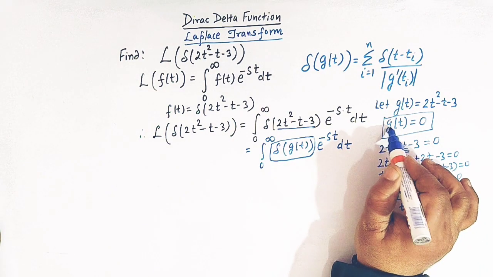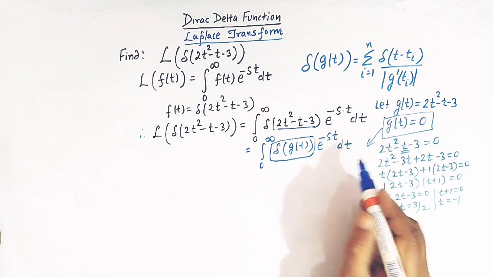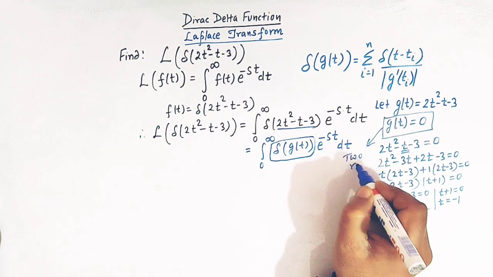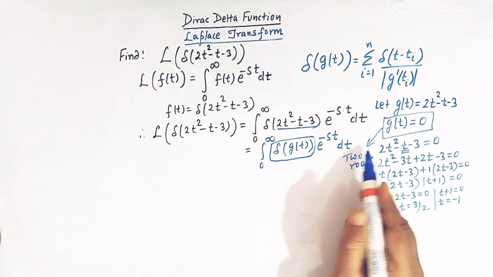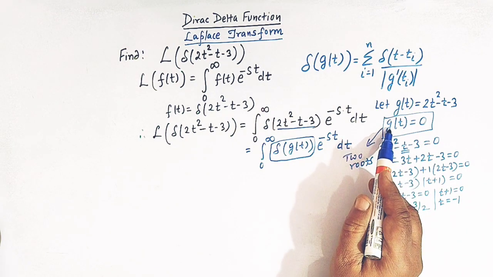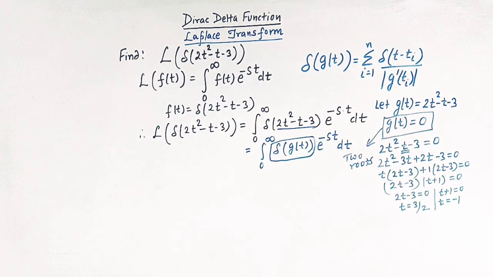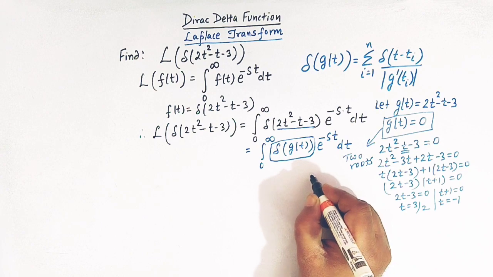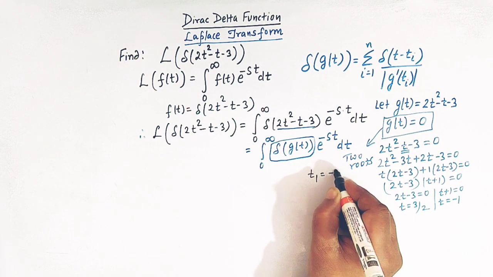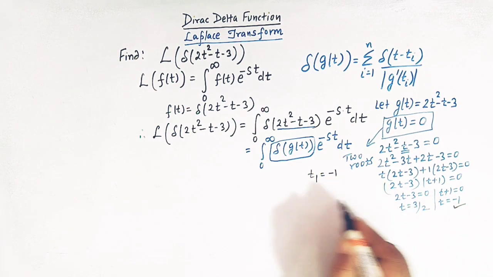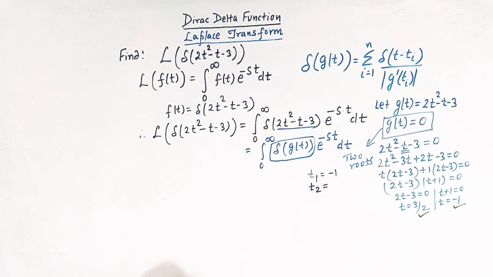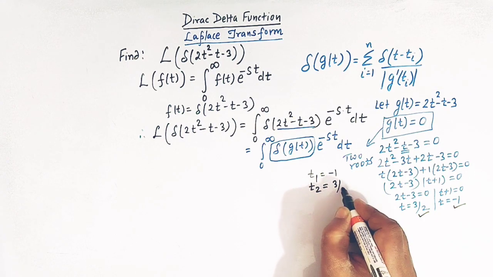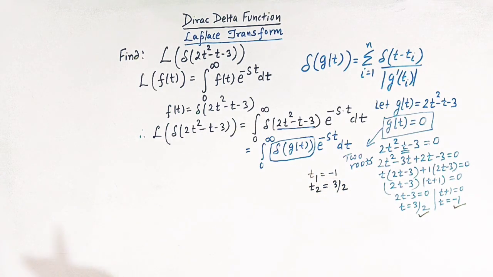So this equation g(t) = 0 has two roots. Let us name these roots: t1 = −1 and t2 = 3/2.